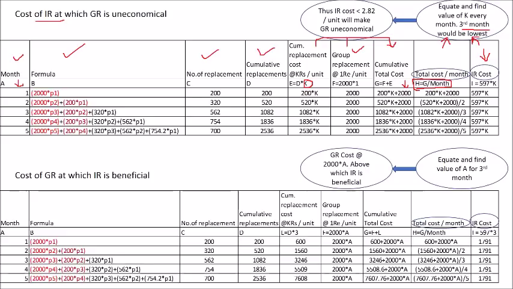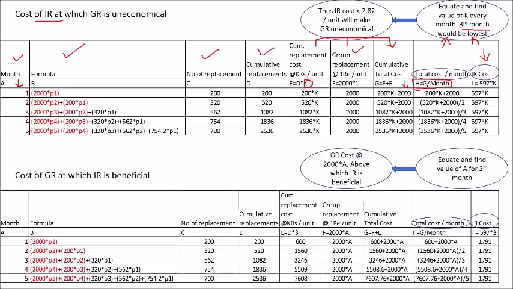And when I equate these two, I find the value of K, and the value of K is 2.82. So guys, the individual replacement cost given in the question is 3 rupees, and if it starts reducing from 3 rupees, at any value of 2.82 and below, individual replacement will be good, guys.